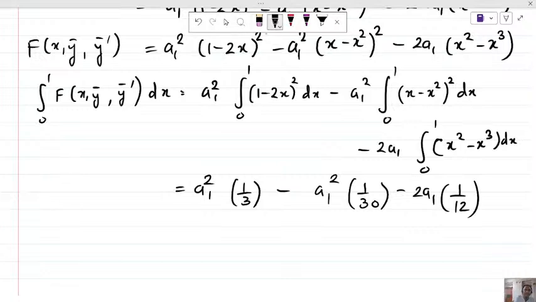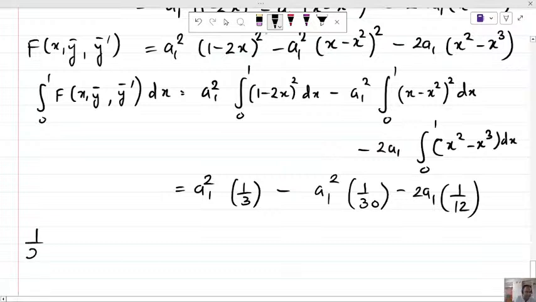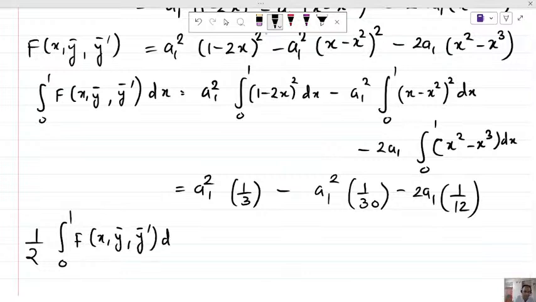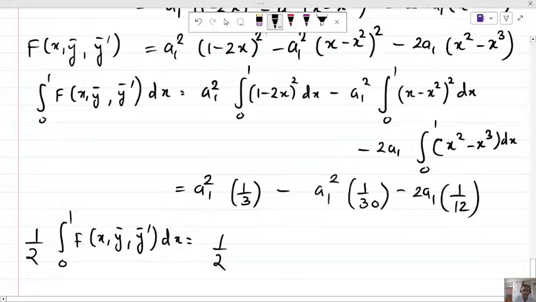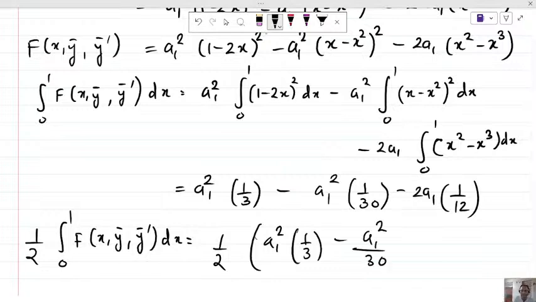If I call this I, not I, we cannot call it I right now because we will need to multiply that half. So half integral 0 to 1 f of x y bar dash, 1 by 2 a1 by 3 minus a1 square by 30, and here it is a1 by 6.